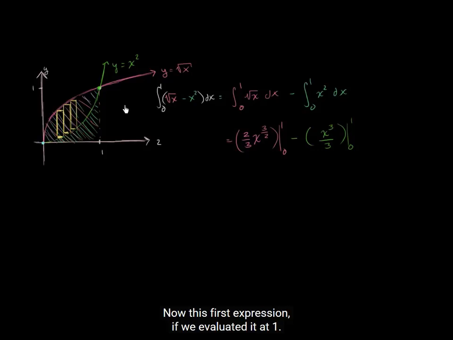Now, this first expression, if we evaluate it at 1, 2/3 times 1 to the 3/2, that's just going to be 2/3. And then from that, we're going to subtract this thing evaluated at 0, which is 0. So we're just left with 2/3. And then we're going to subtract this thing evaluated at 1, minus 1/3, and then from that it evaluated at 0, which is just a 0.